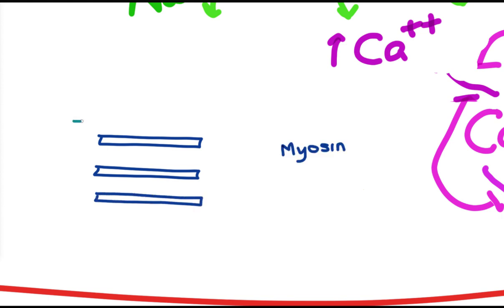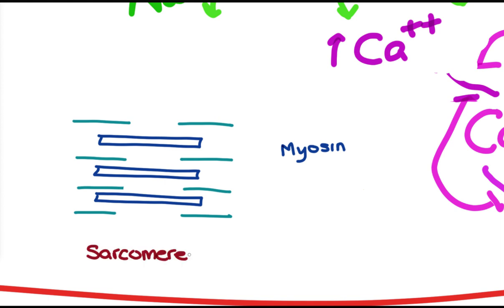And actin has pieces that are kind of coming in there, and you can see it's much thinner than our myosin, and it's sort of sandwiched in there. And this little section that we're drawing right here is called a sarcomere. And this is the section that actually gets smaller during a muscle contraction.